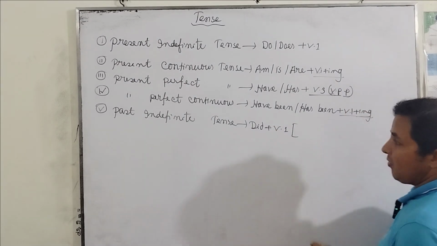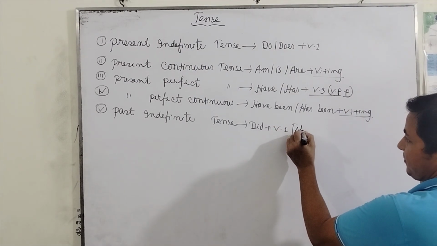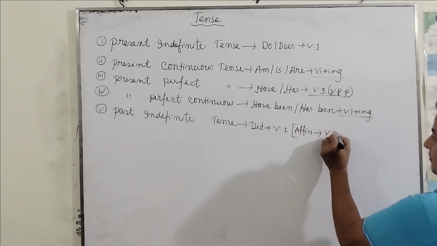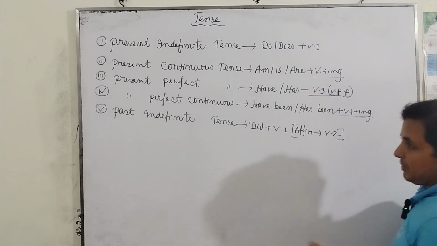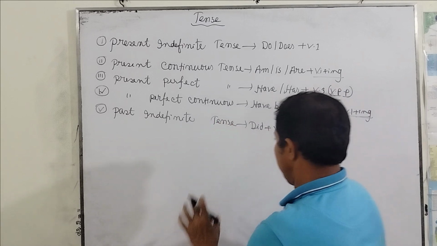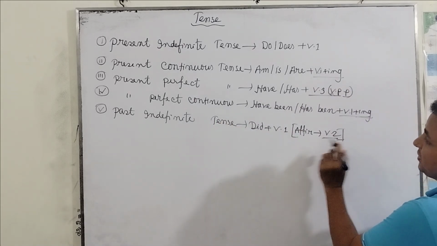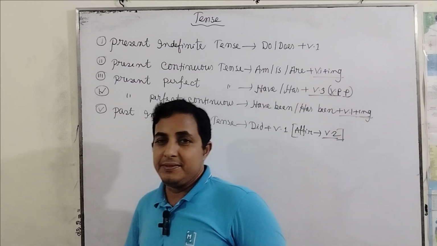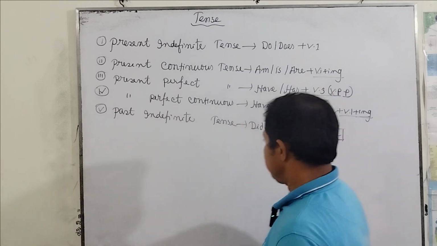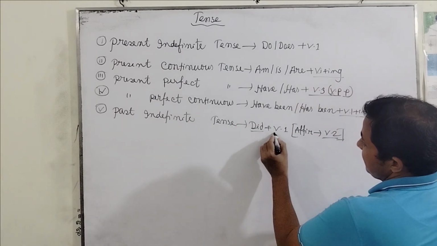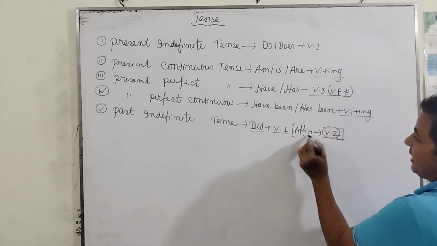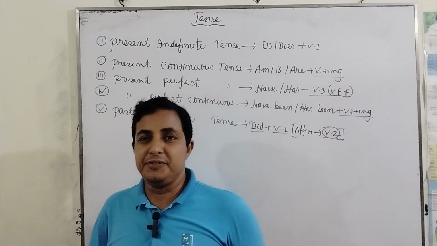Mind it, only the affirmative form takes B2. The rest of the forms, that means negative, interrogative and interrogative negative, must take did and B1. Mind it, only in the affirmative form of past indefinite is B2 used.